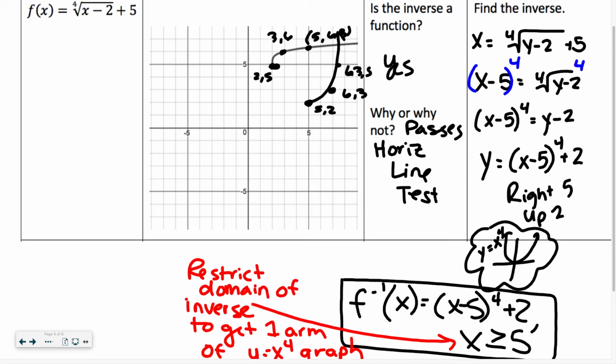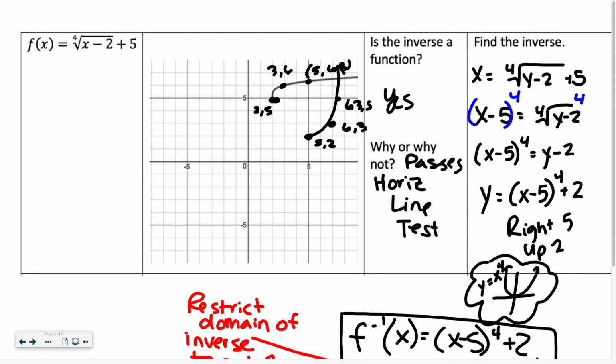Like the -5 and the 2, because for the transformations, you might start to notice from the original to an inverse that the k becomes the h, and the h becomes the k. It looks like the opposite, but it really was +2 because you would go right 2. You might start to notice those things.